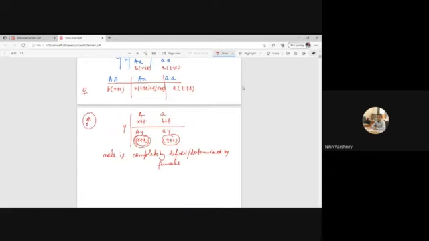Okay, are you getting the point? So this is the important statement that male is completely defined by or determined by the female in the next generation, and female is determined by both male and female of the parental generation.